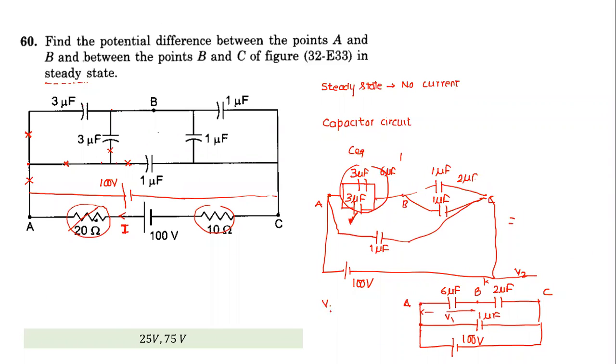So V1 will be equal to C2 divided by C1 plus C2, into V. That is 2 divided by 8 into 100. So at any point we can find the potential difference, A, B, B, C, and all. So 25 and 75.